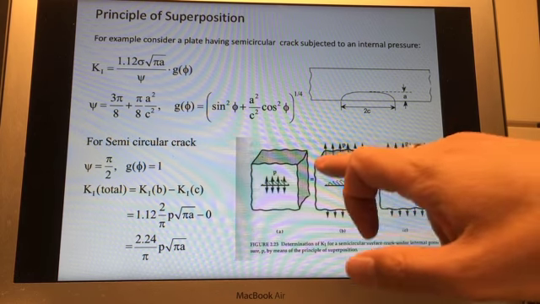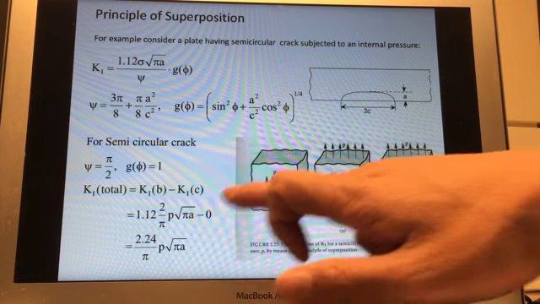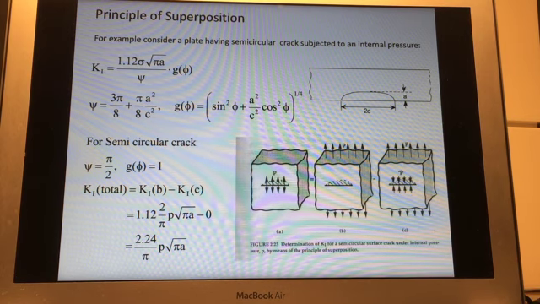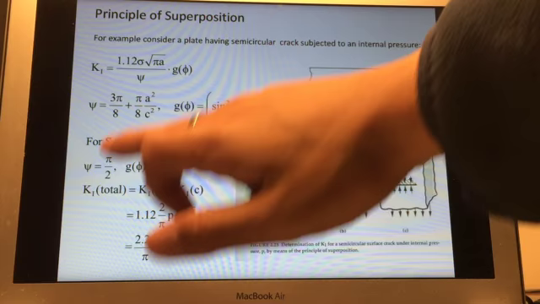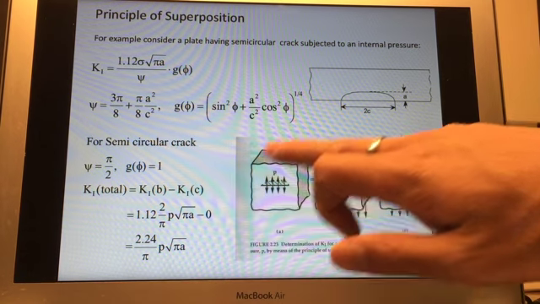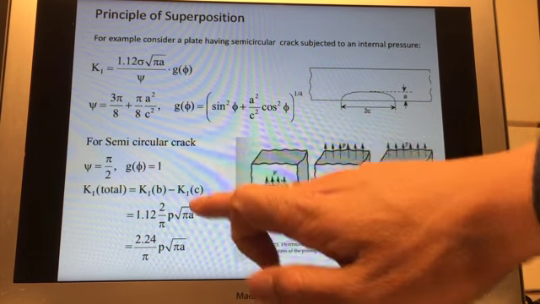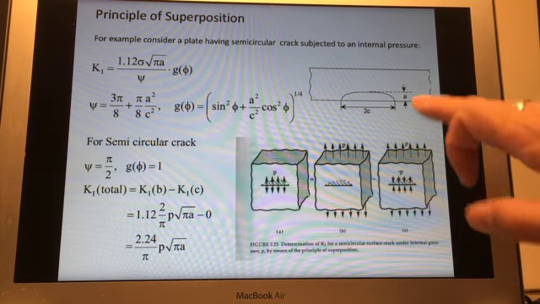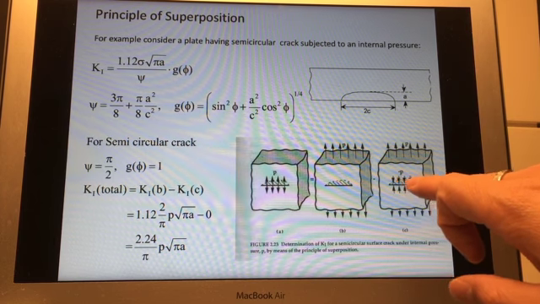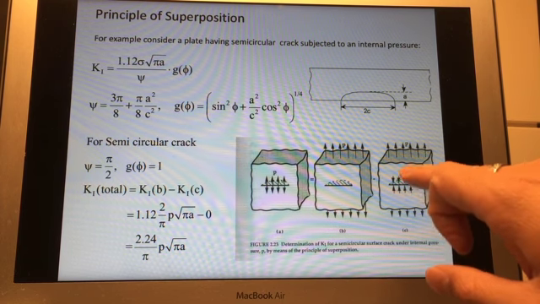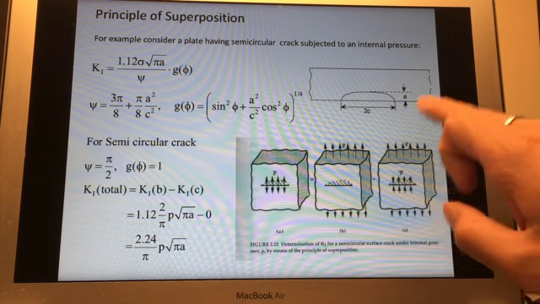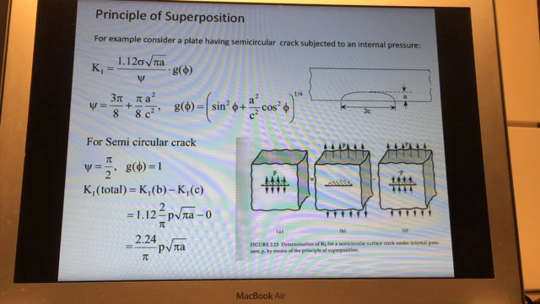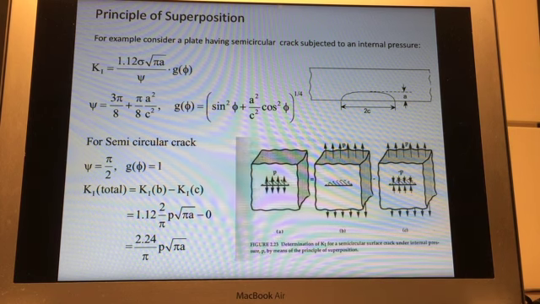The solution to the first one is literally 1.12, and for this case we have looked at it before, with phi equals 2 over pi. You just plug it in, with the pressure equal to P, which is sigma, times square root of pi A. And in this one, you have a far field, but you also have a near field or local stress exactly canceling the effect of the far field, which means this one is equal to 0. So in the end, you get this K for this structure.